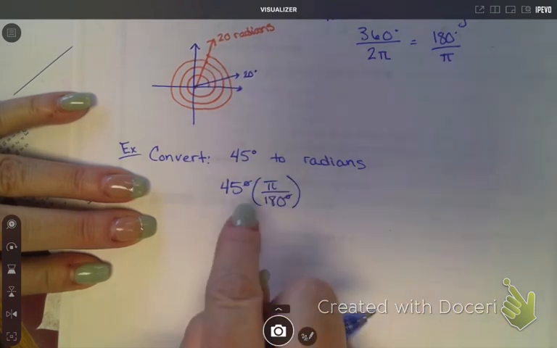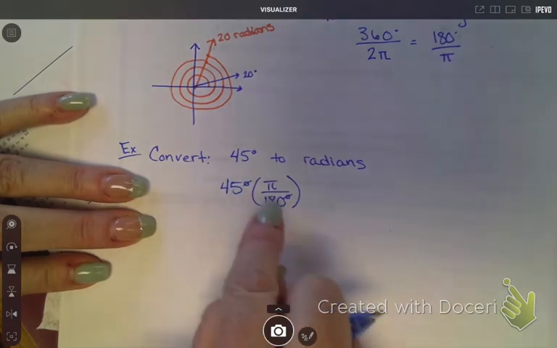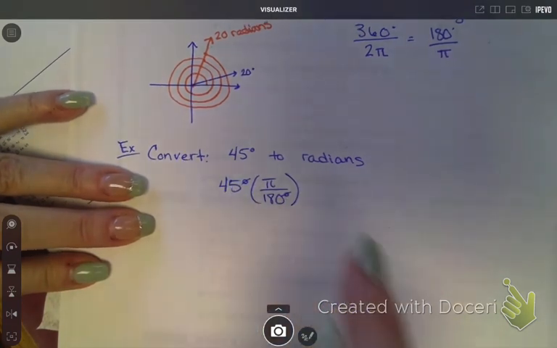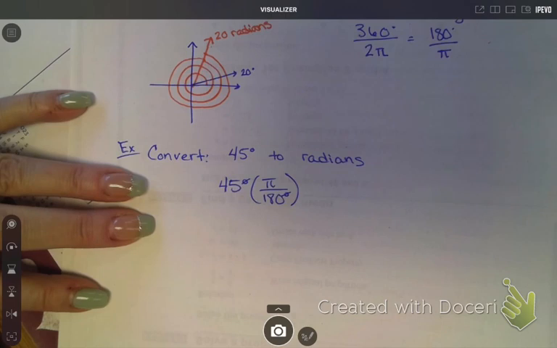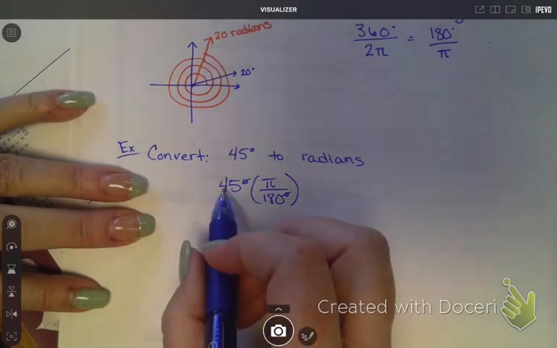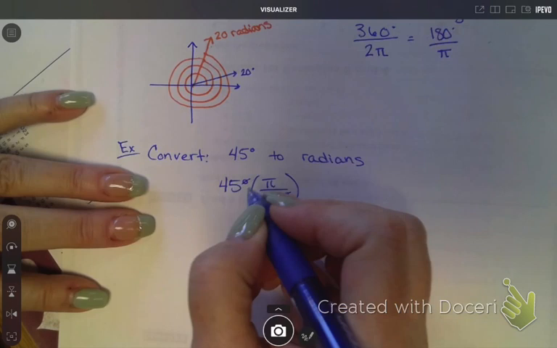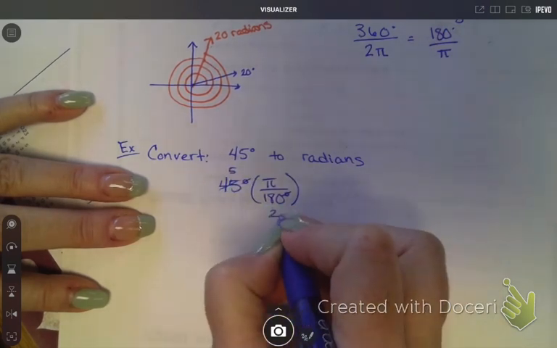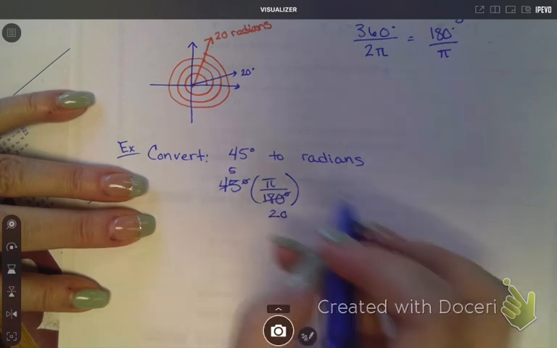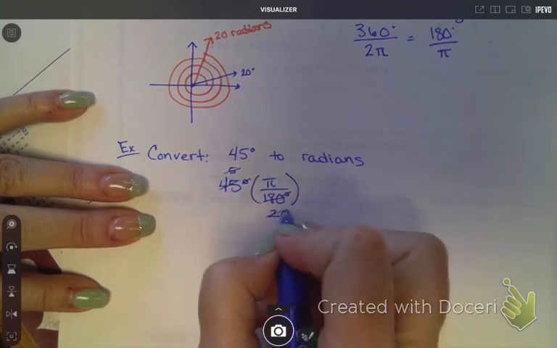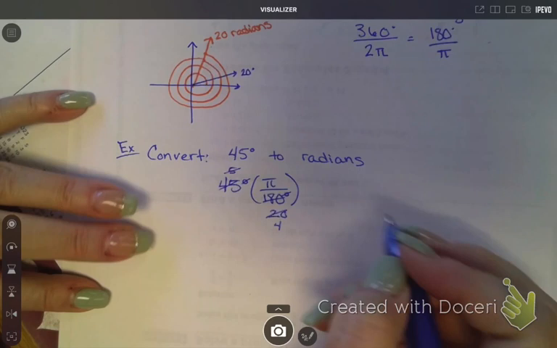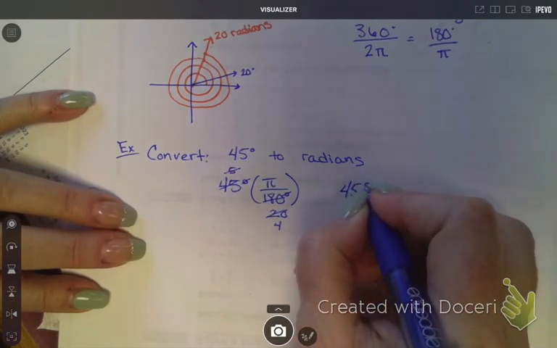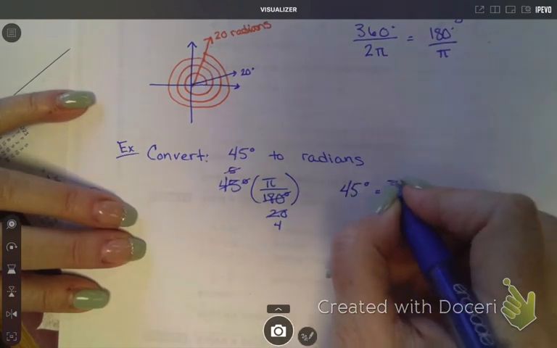That's how I always remembered it when I was first starting: the degrees are opposite because they reduce out. So 9 goes in here 5, and 9 goes in here 20. I can still reduce it to 4. So 45 degrees is equal to pi over 4 radians.